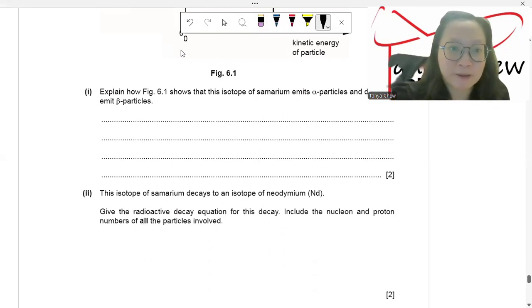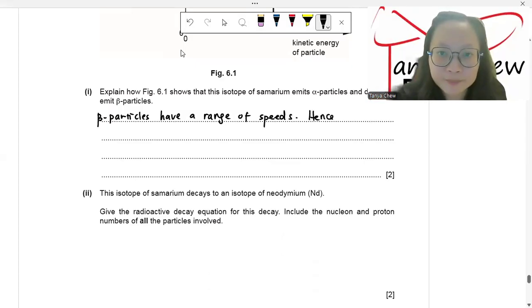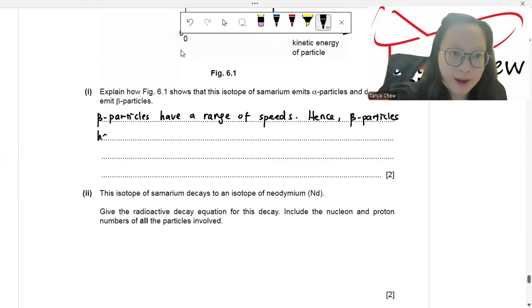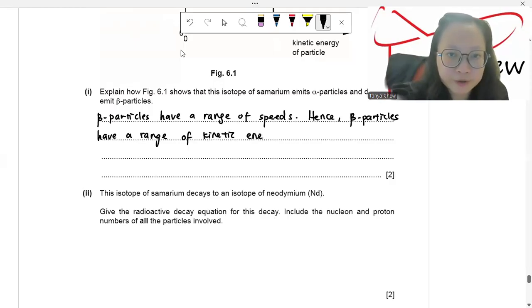I said that beta particles have a range of speeds. Hence, beta particles have a range of kinetic energies.